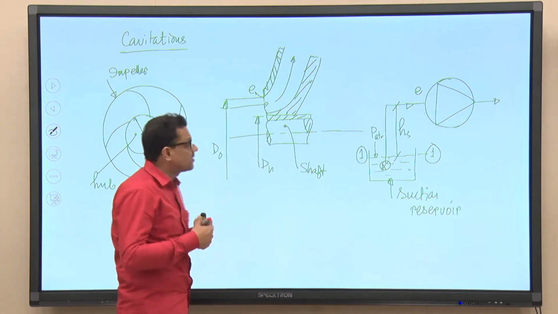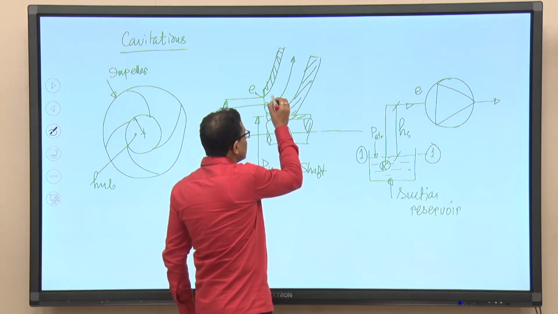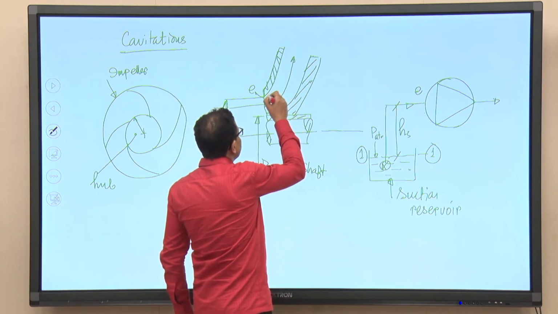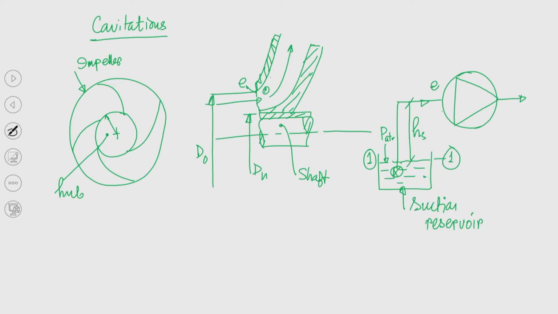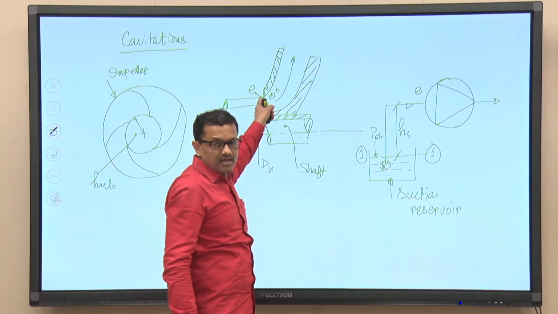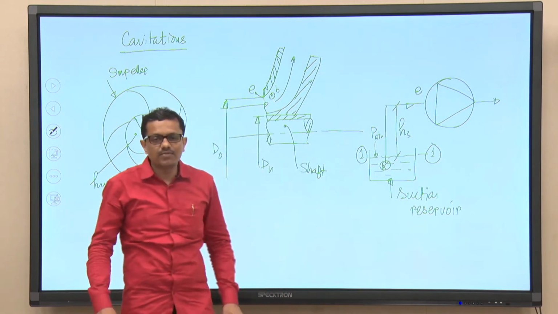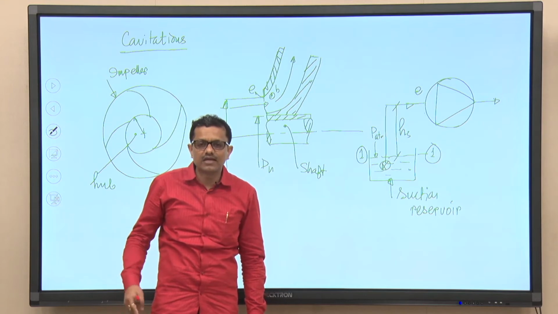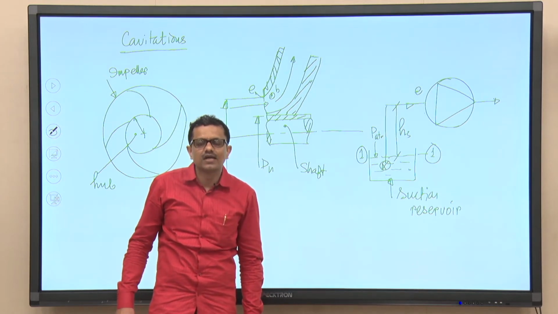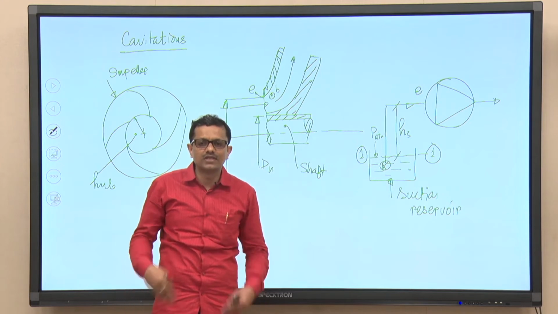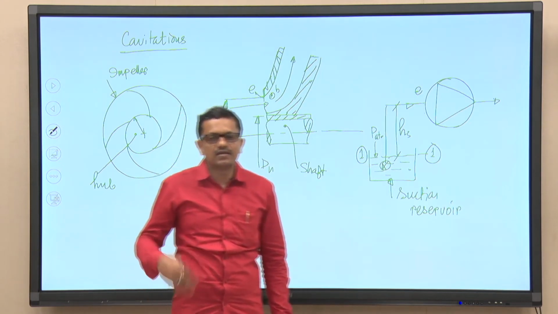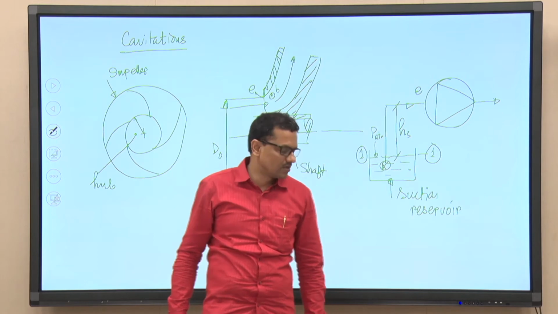So, it is highly expected that if we traverse a little inside towards this flow passage, say this point, which I am marking as B, from point T, then at point B, chances are there that the local pressure will be below the vapor pressure. If that is so, then as we have seen from the previous classes, bubble formation will occur, which in turn will lead to that undesirable phenomenon, cavitation.